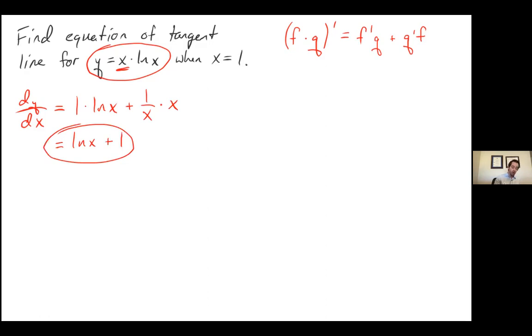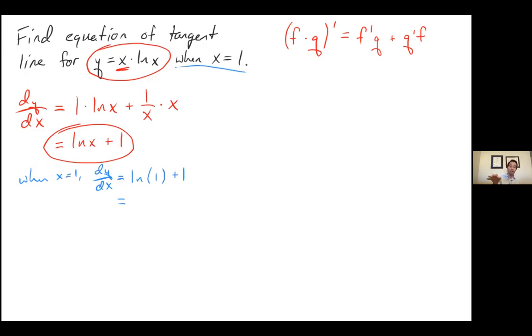Okay, when x equals 1, we're going to plug that into the derivative to get the slope of the tangent line. So when x equals 1, dy dx will be ln 1 plus 1. Now don't reach for a calculator, because this is one of those special logarithm values you should know.